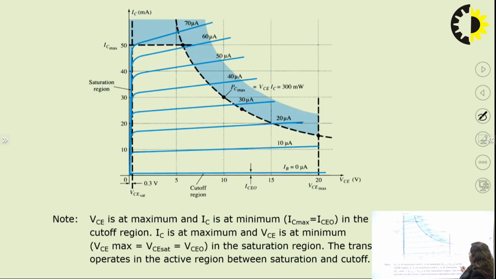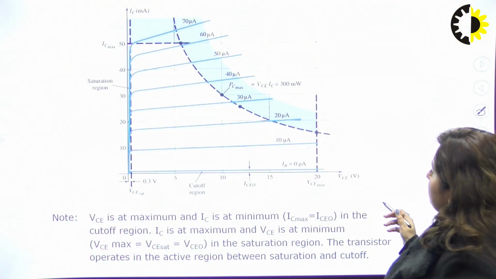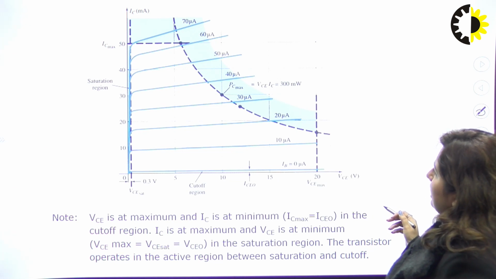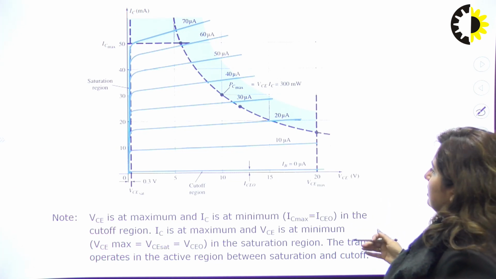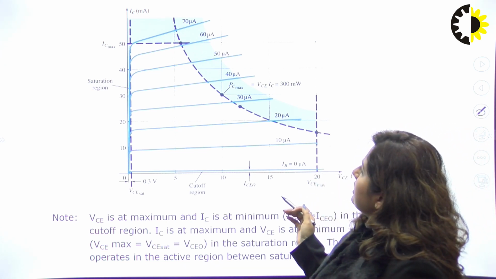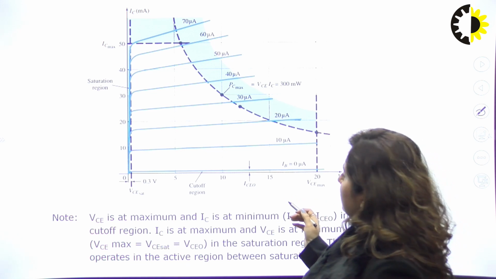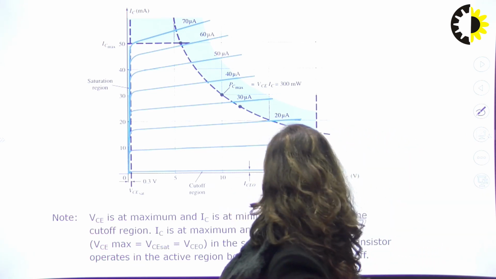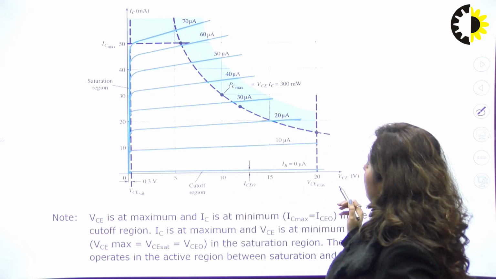So here we can see the curve between VCE and IC. We have different currents, that is IB equal to 0 microampere, 10 microampere, 20 and 30 and then 40, 50, 60. We have a cutoff region just below the value IB equal to 0 microampere.